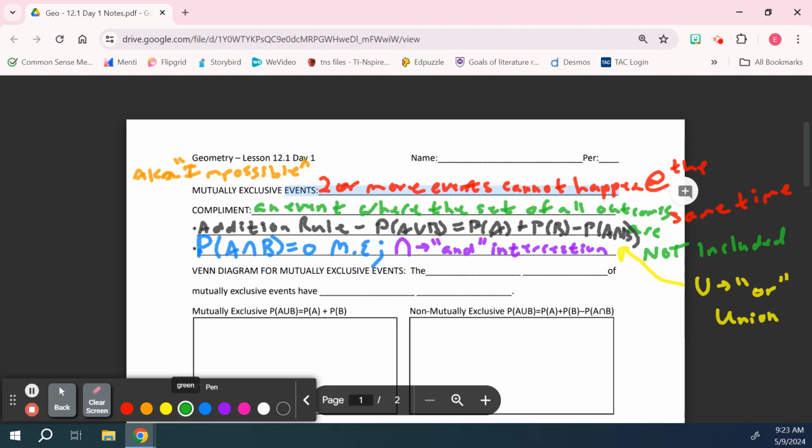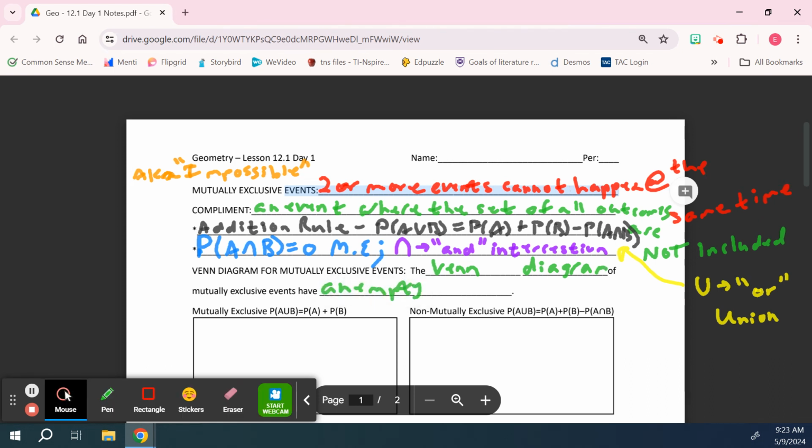Okay, so for Venn diagrams for mutually exclusive events, we're going to state that the Venn diagram of mutually exclusive events has an empty intersection.